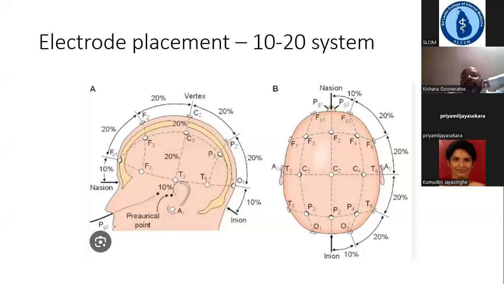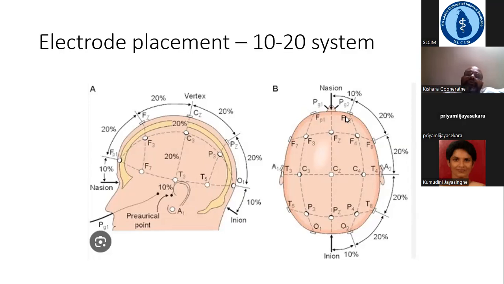The standard is that we take the distance between the inion and the nasion, and out of the total distance, we divide it by 10% and 20%.